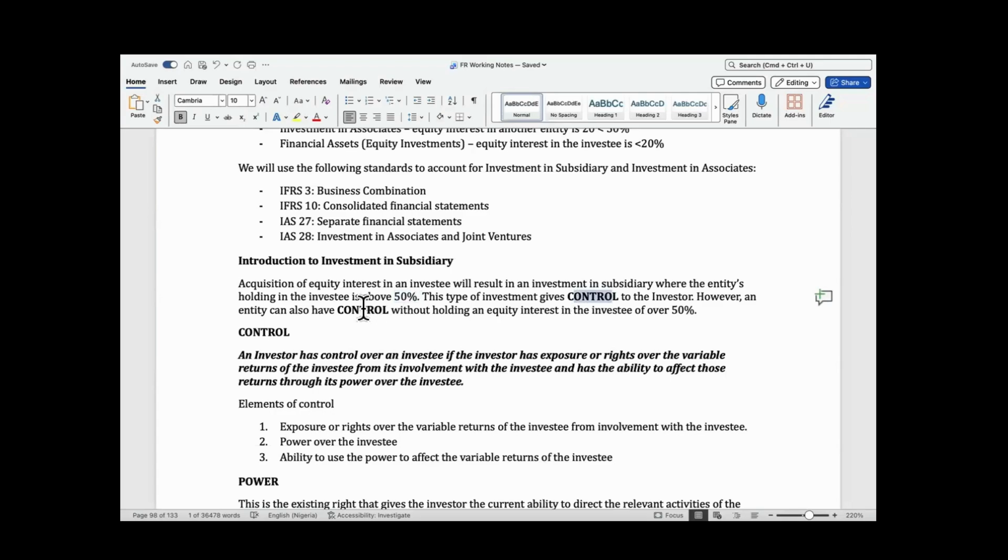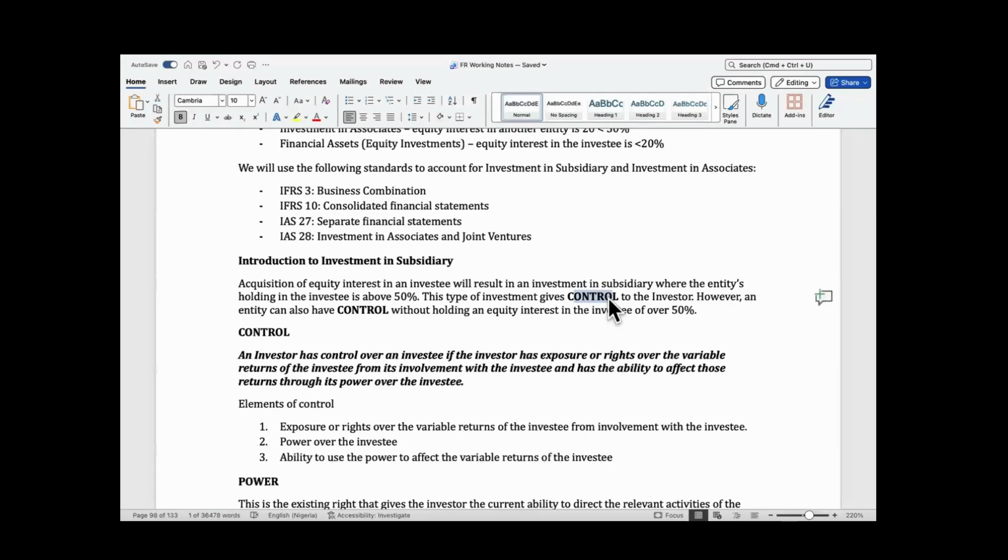But you need to understand something, that this control can arise even if your holding is not up to 50%. That therefore means that even though I've been saying that for you to have an investment in subsidiary, you must have bought shares that your holding in that investee is above 50%, then that gives you control.